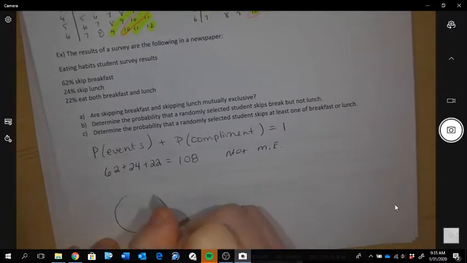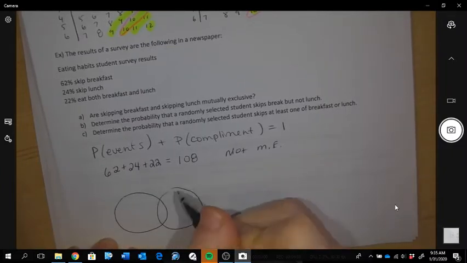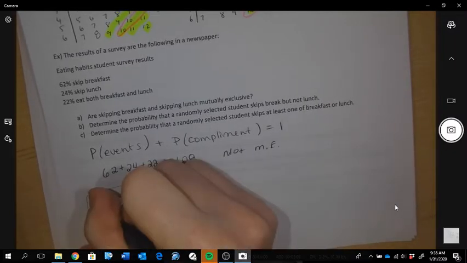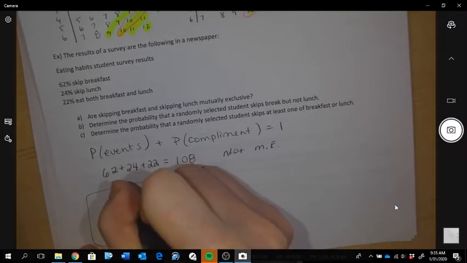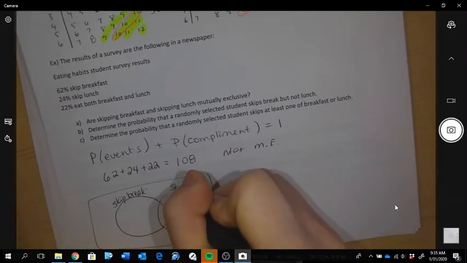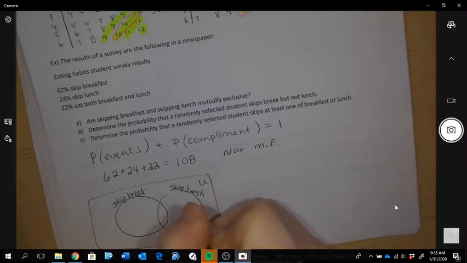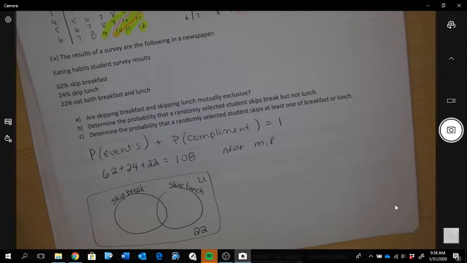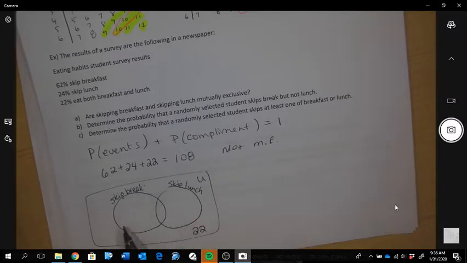Okay, let's draw a Venn diagram. This is the universe, so this would be skip breakfast and skip lunch. How many skip both? There are 22 percent that eat both, so they don't belong in any of those skipping.